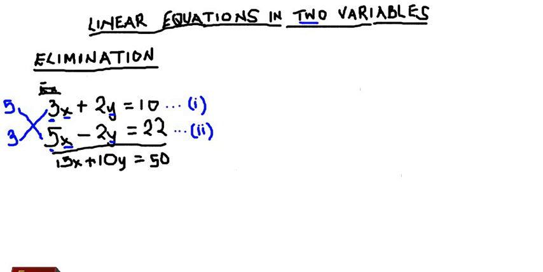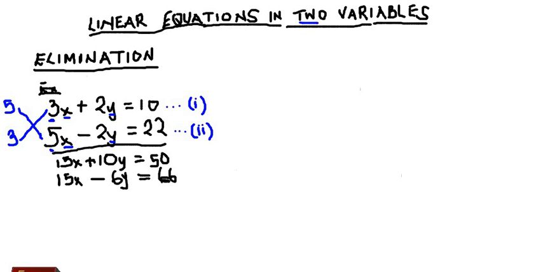Then we multiply coefficient 3 across equation 2, we're going to have 3 times 5x will be 15x. Then we have 3 times negative 2y, that would be negative 6y. Across the equal sign, 3 times 22, we'll have 66.